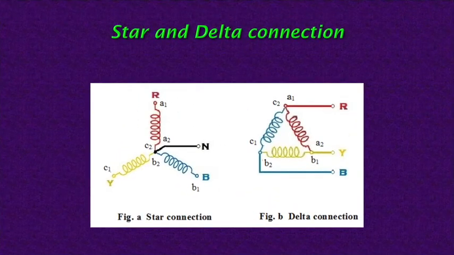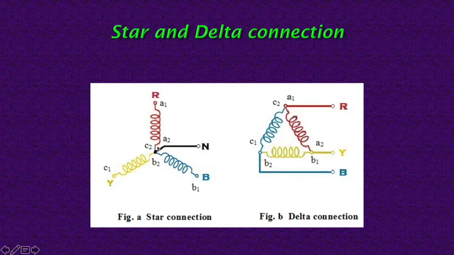Star and delta connection. In a three-phase system, two types of common interconnections are employed between the terminals. These are star connection and delta connection. The three-phase winding has 6 terminals. For each phase there are 2 terminals, as shown in the figure. For A1, A2, this is the incoming current and this is the outgoing current.